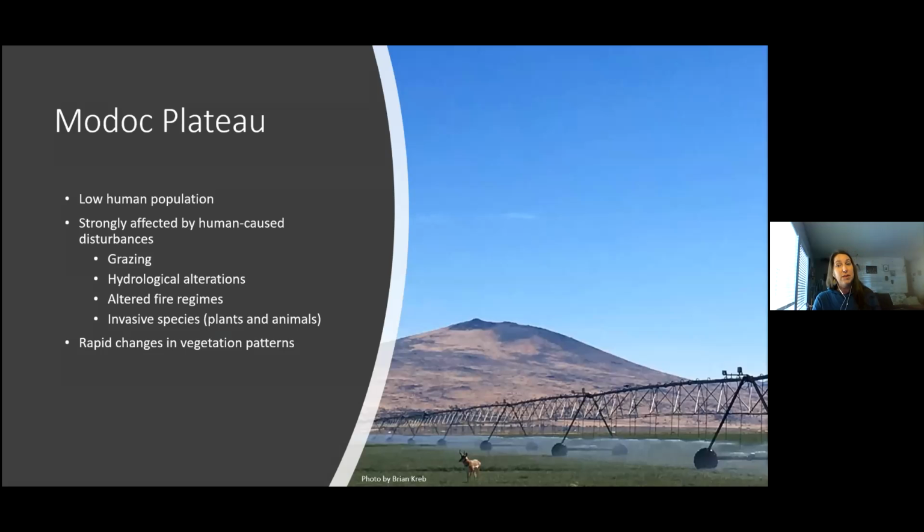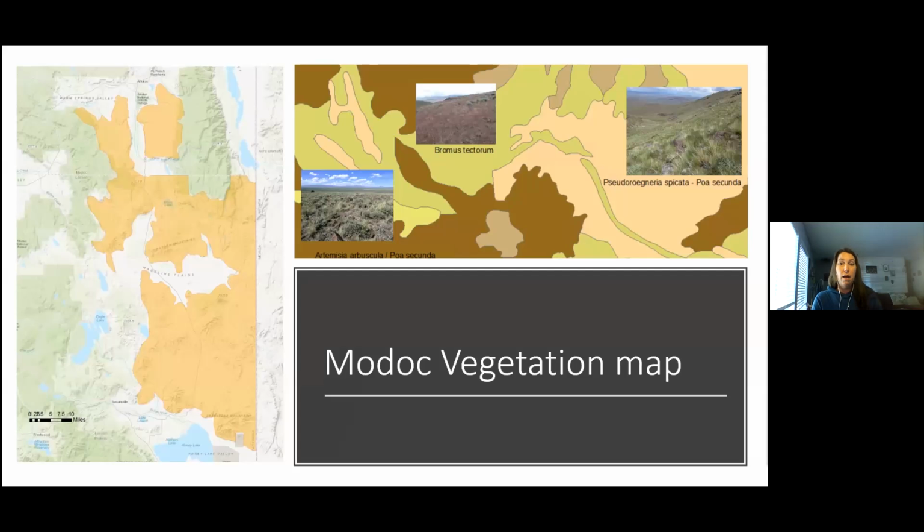The ecosystems here, like many other places in the Great Basin, have been considered among the most threatened in North America. In 2016, VegCAMP, along with collaborators, began collecting vegetation data for the region to produce a classification, and we now have over 1 million acres of vegetation map at a fine scale level.